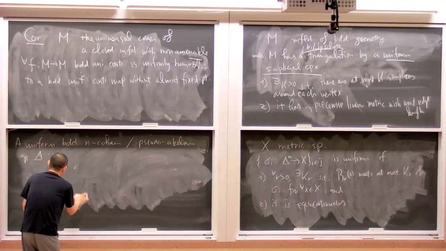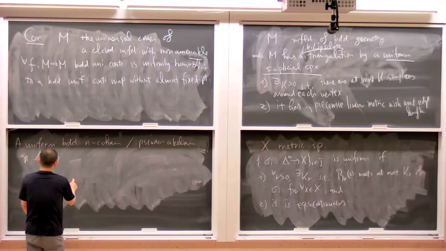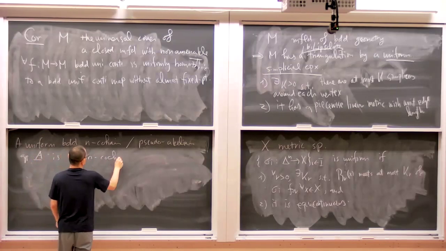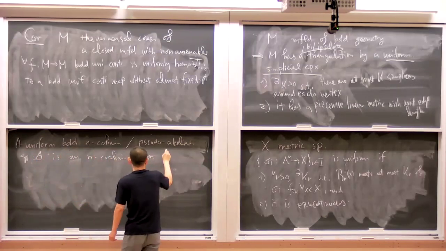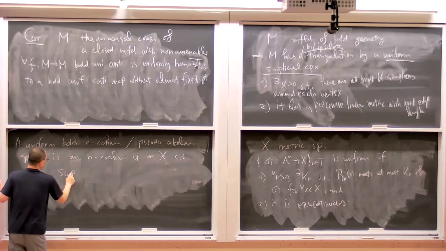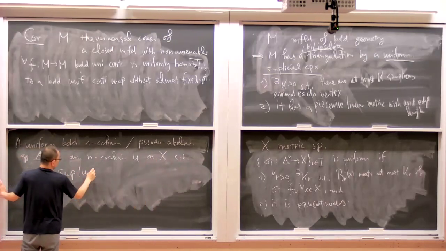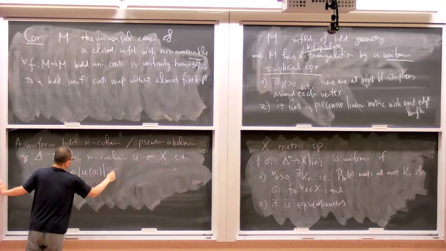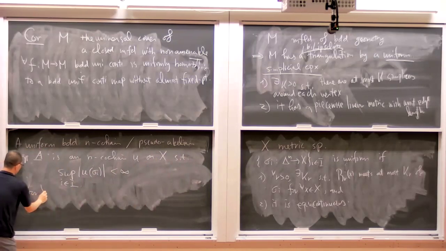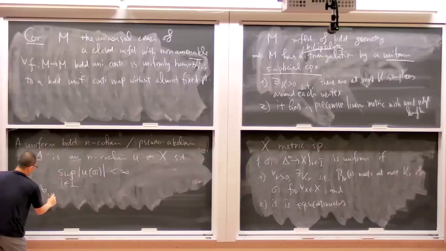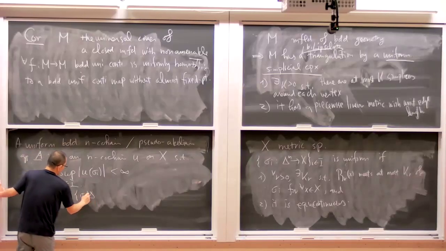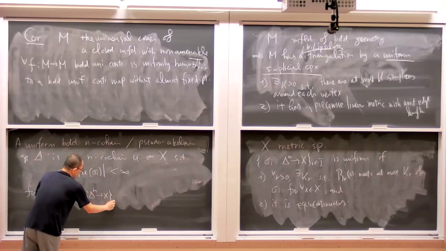Right. So it is an n-cochain U on X such that sup of U(sigma_i) is bounded for any uniform family of n-simplices.